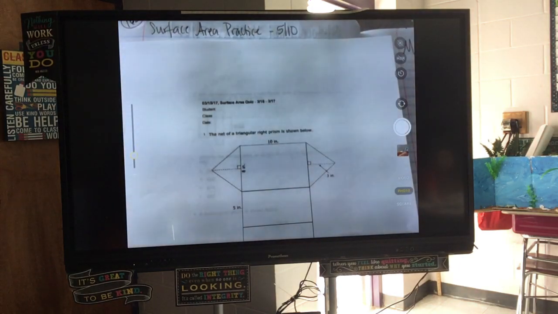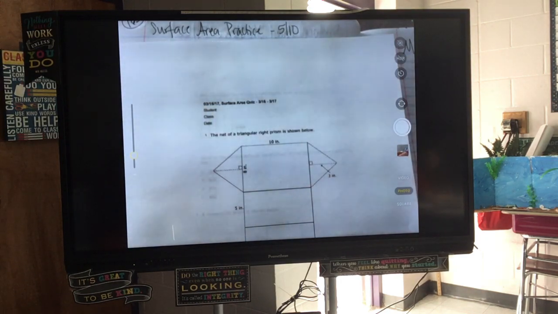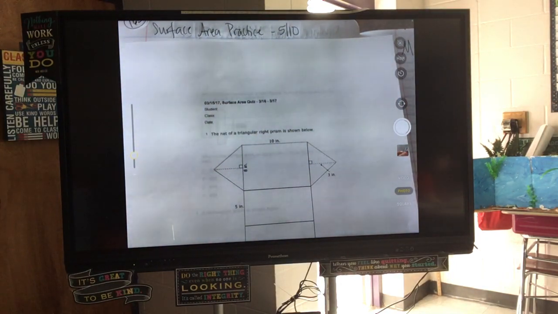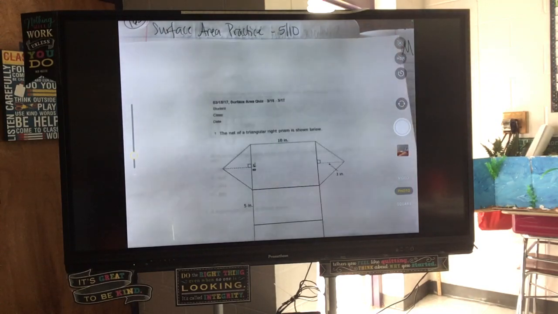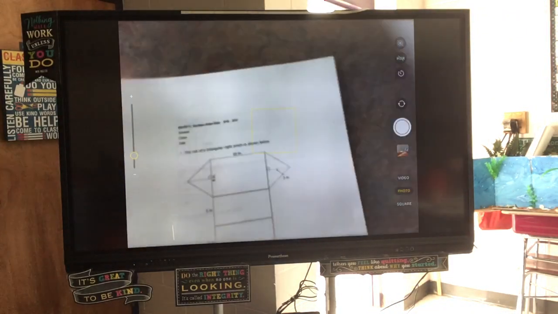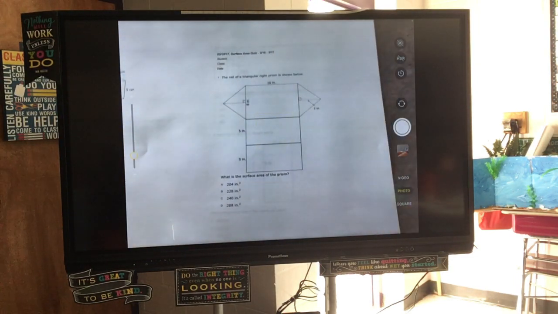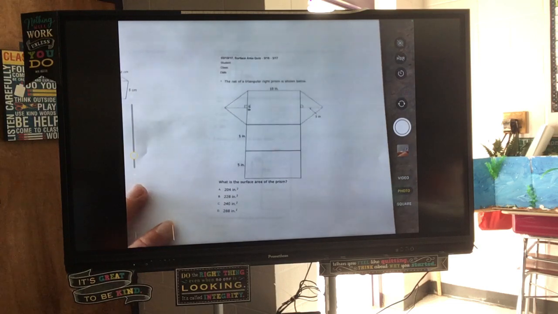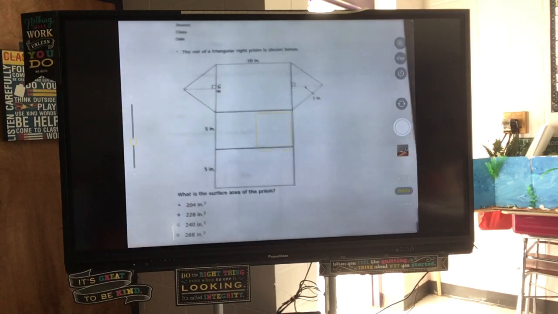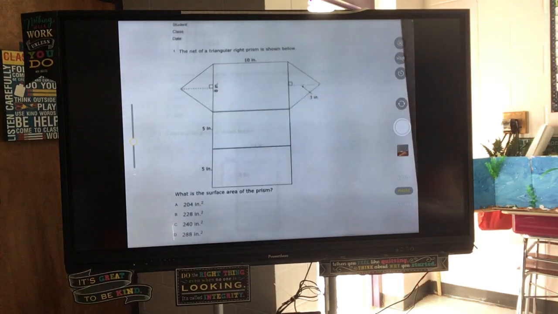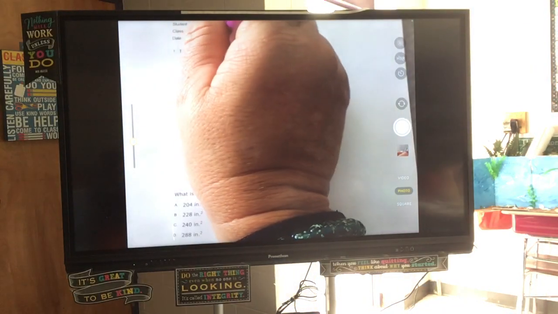Okay, we are going to be starting over here on number 1. It says the net of a triangular prism is shown below. What is the surface area of the prism? All right, so what's important in this problem? In the word problem itself? Joe? Net of a triangular prism, triangular right prism.